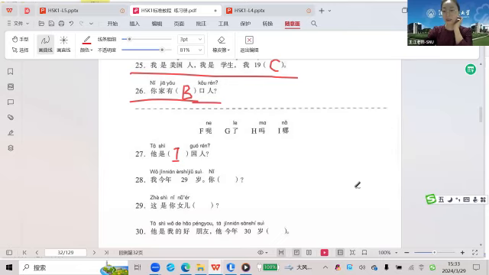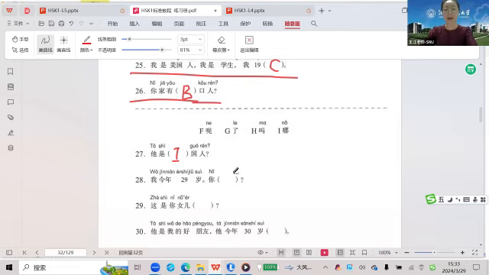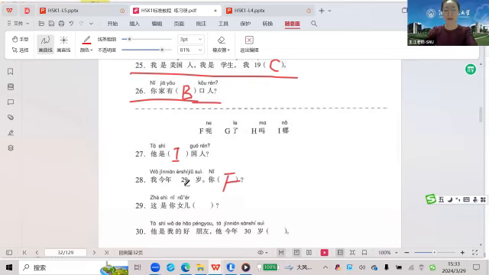You can speak aloud, everyone. What is the option? 我今年29岁。你呢？ F is correct. 你呢？ And you? I am 29 years old this year. And you? It means how old are you?